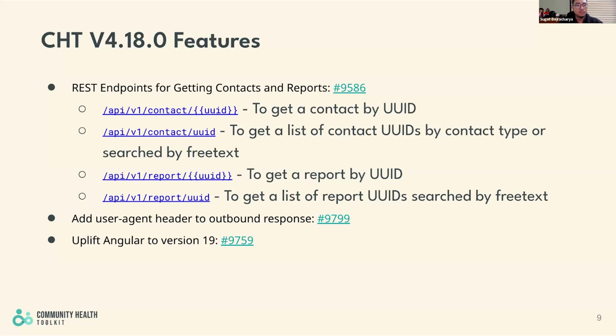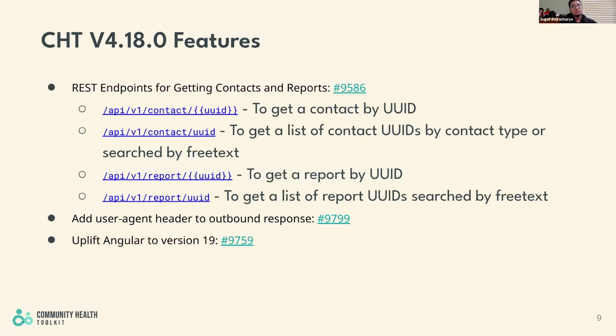And the second endpoint is API slash v1 slash contact slash UUID. In this case, the last part UUID is not a placeholder, and this endpoint is used to get a list of contact UUIDs, which has an option of getting those UUIDs by either contact type or by free text.